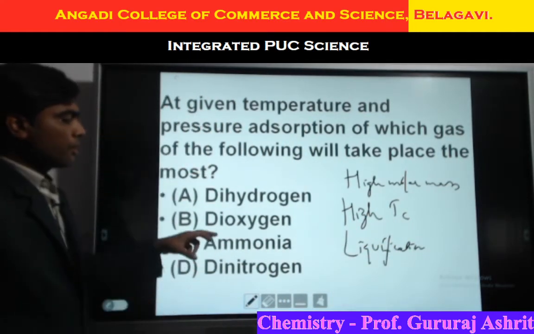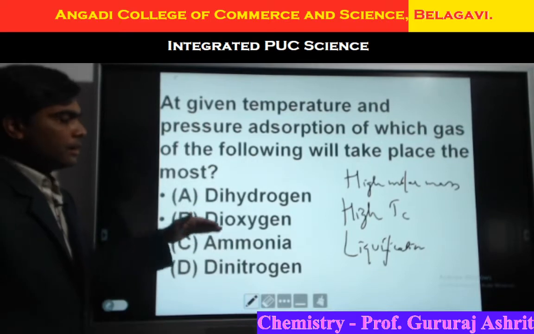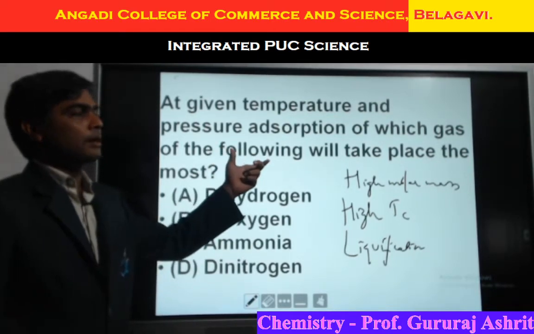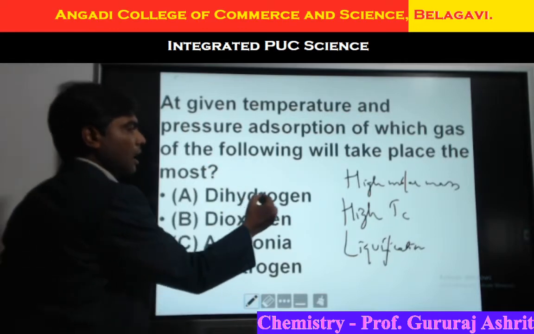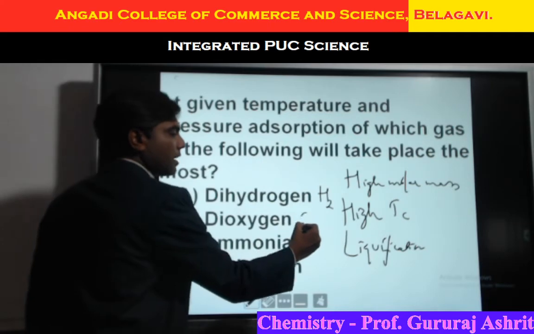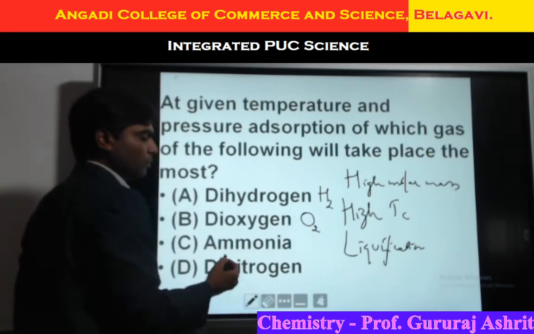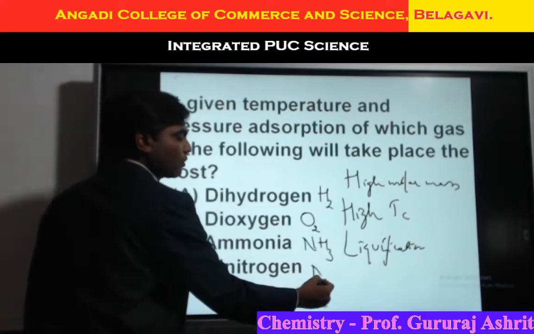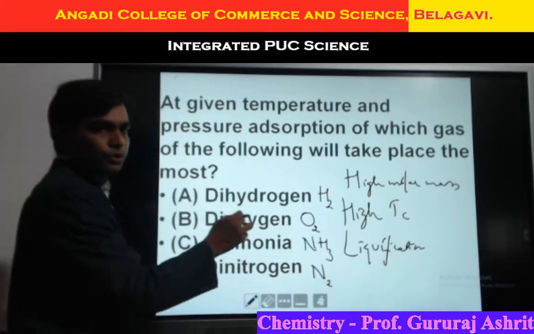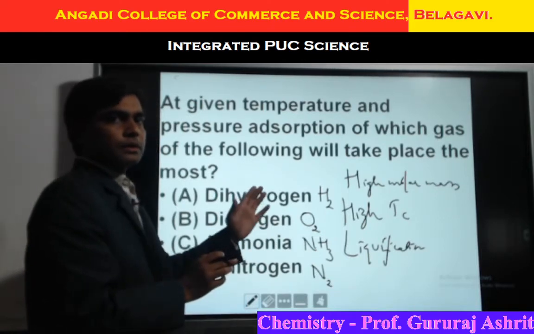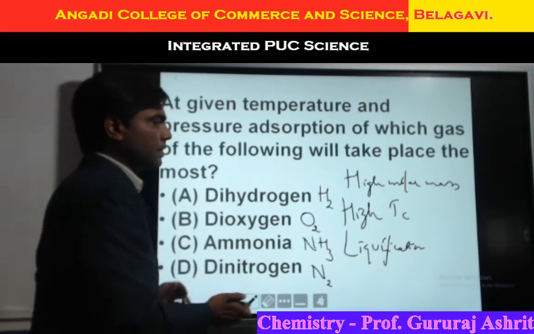So here they have given 4 gases. In these 4 gases, you have to check which will have more adsorption. So dihydrogen formula is H2, dioxygen is O2, ammonia is NH3, dinitrogen is N2. First you should know the formula and atomic mass numbers of the elements, then calculate molar mass.